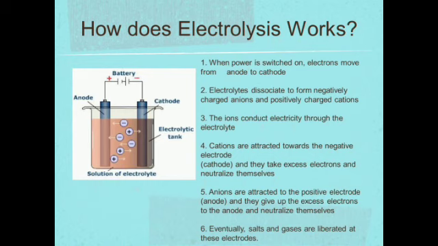Now, at the anode, if you are using carbon or platinum, both SO4 2- and OH-, so the negative ions, will move to the anode, which is the positive electrode. Now, OH- will be preferentially discharged as oxygen gas. Why?